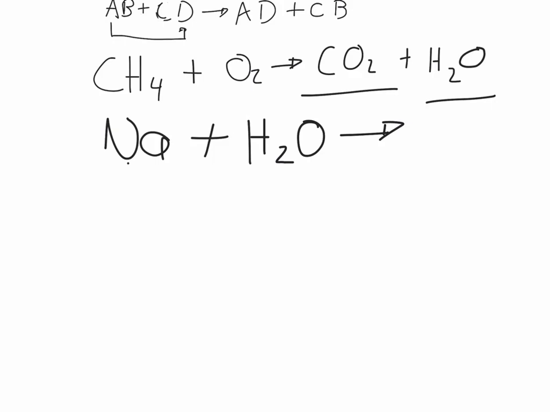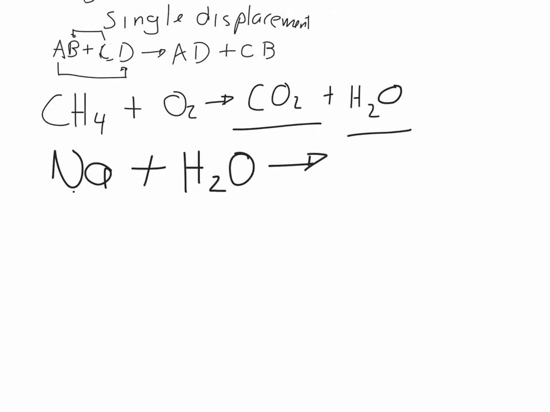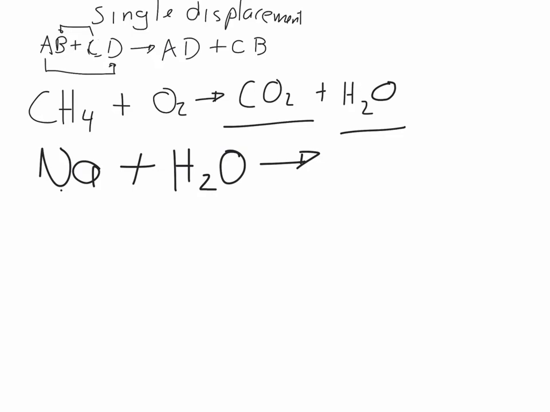So the result of a single displacement is the metal that is alone with the oxygen, and the hydrogen alone, because it's a single displacement. You replace the hydrogen with the sodium. The only thing here is that you have two sodiums because the sodium is in group 1 and oxygen is always negative 2. So as the sodium is positive 1, you have two of them.